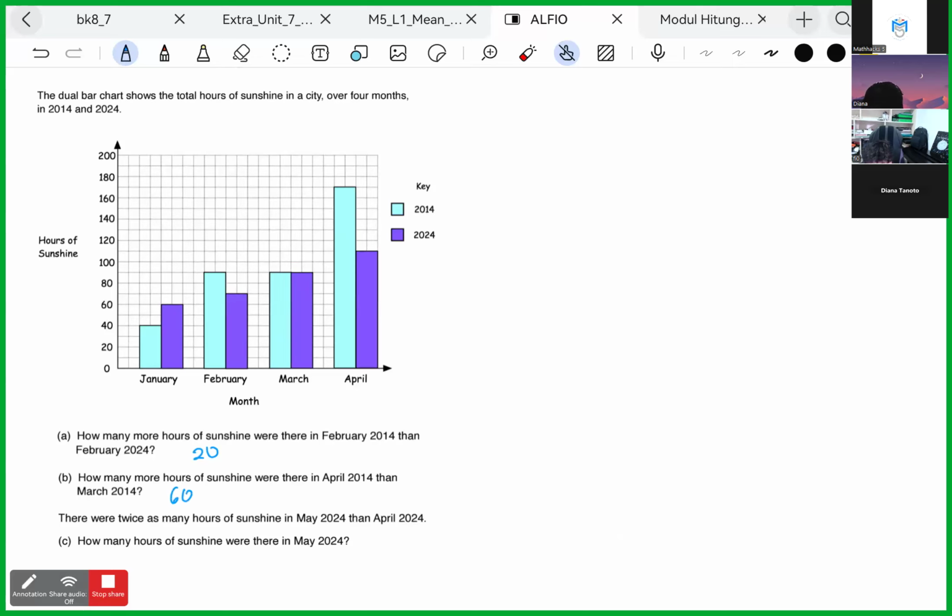How many hours of sunshine were there in May 2024? There were twice as many hours of sunshine in May 2024. That means May had like 340, right?